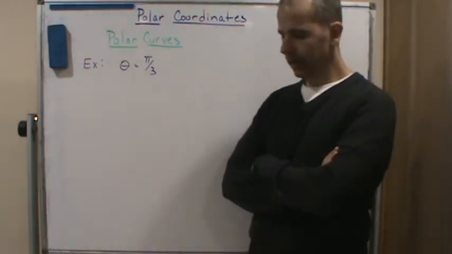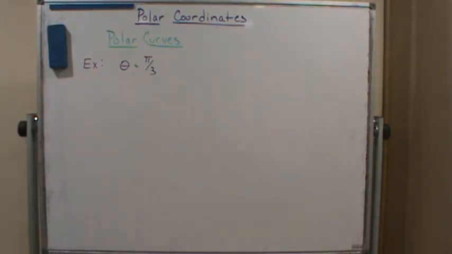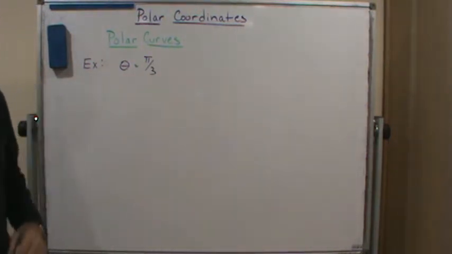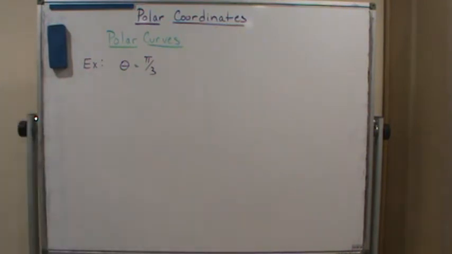Which means this is going to be the equation of a straight line. In fact, any equation of this type where theta equals k is always going to be a straight line that goes through the pole of the polar coordinate system.